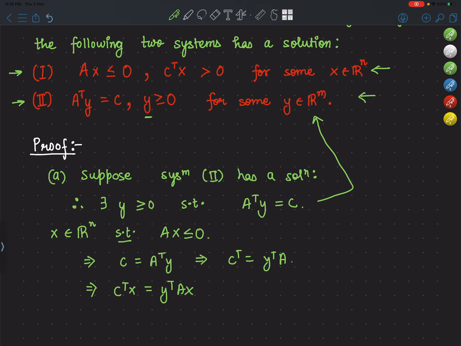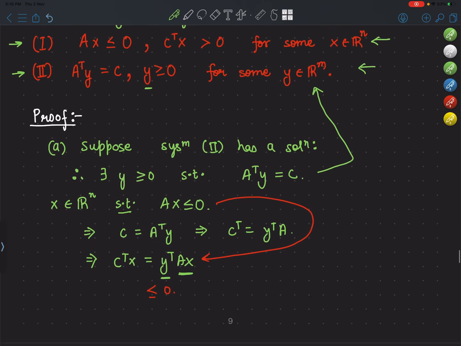right? And because all the components of y are non-negative, and Ax we have assumed to be non-positive, this implies the product is less than or equal to 0, which further implies that C transpose x is less than or equal to 0.